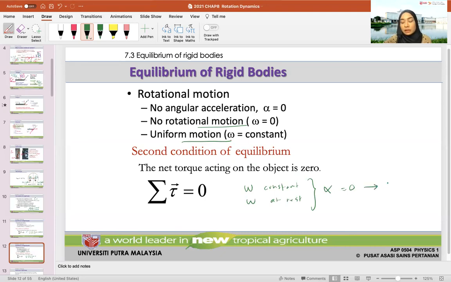This also means our net torque is equal to 0. Okay. So dia macam kita convert notations last time, yesterday. So omega is V, right? V can be constant, V is at rest. This is A. V that is constant and V that is at rest is equal to A equals 0. This is net F equals 0. This is translational. The one in pink is translational. The one in green is for rotational.